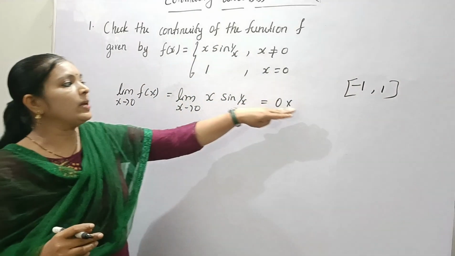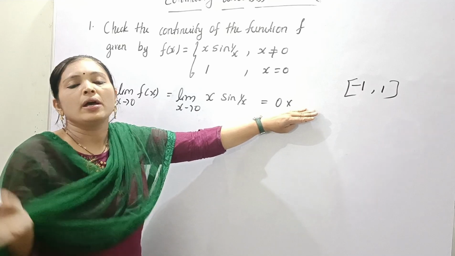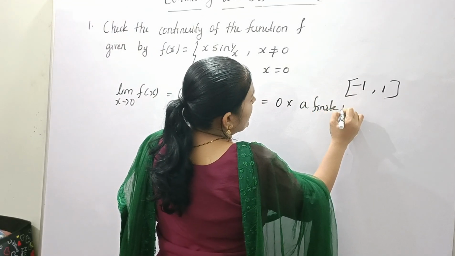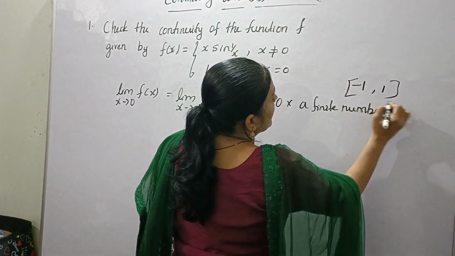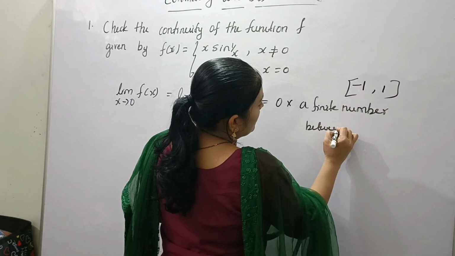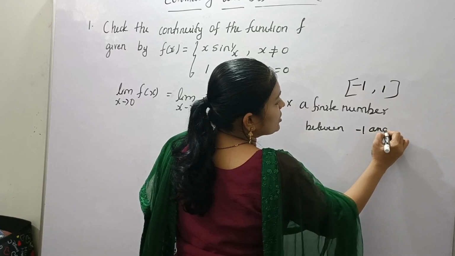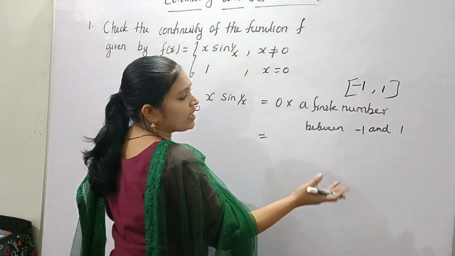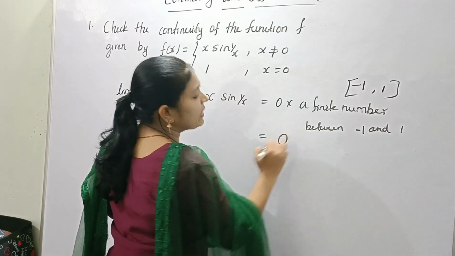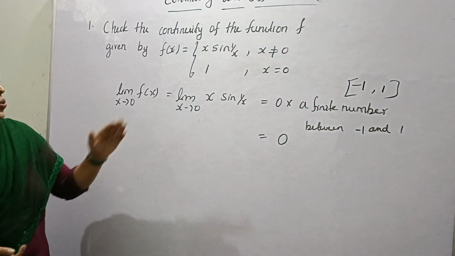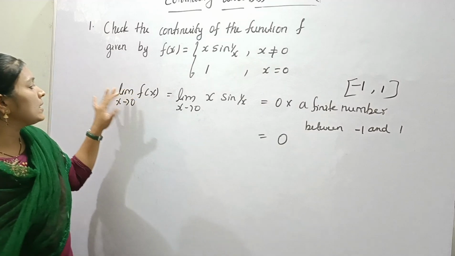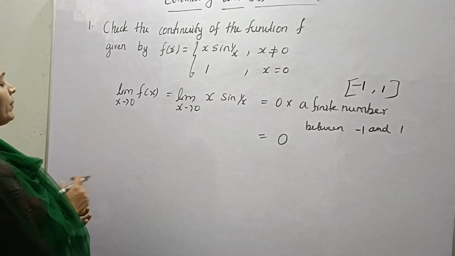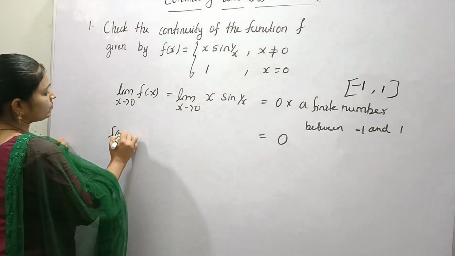Therefore, 0 into any finite number between minus 1 and 1 is nothing but 0 itself. So we have got limit x tends to 0 of f of x is equal to 0. Next, what about f of 0?